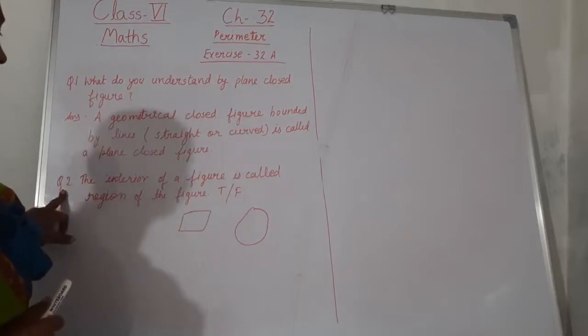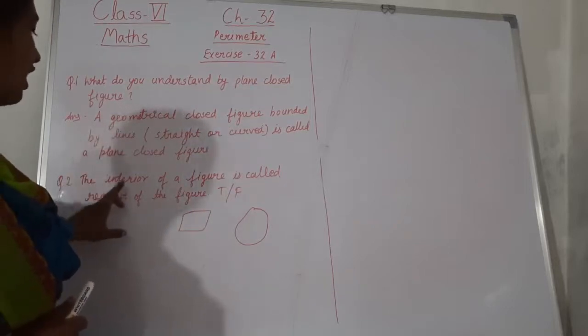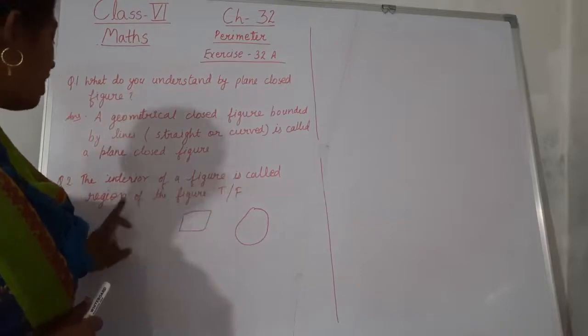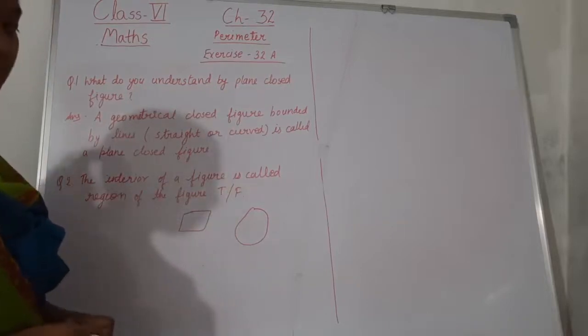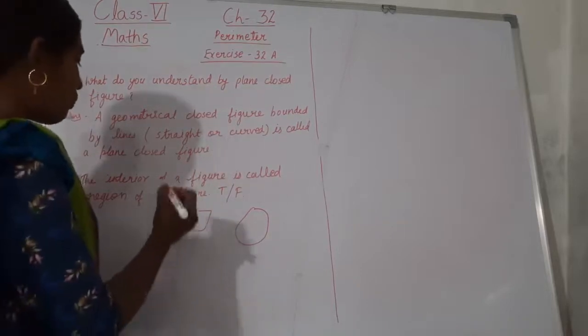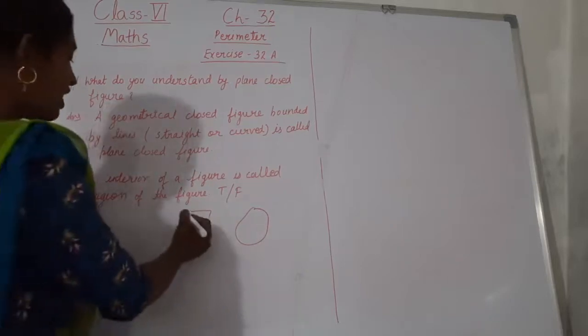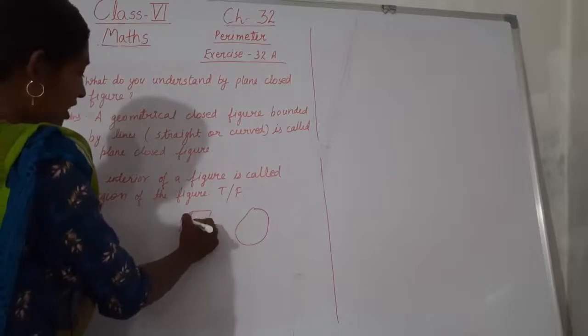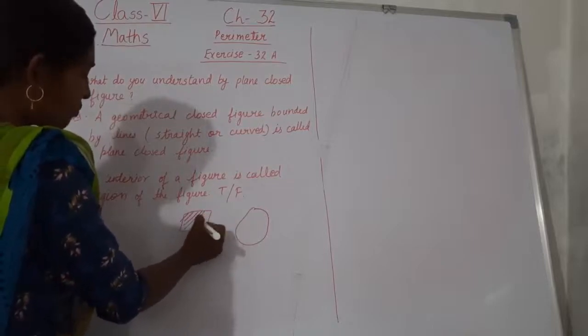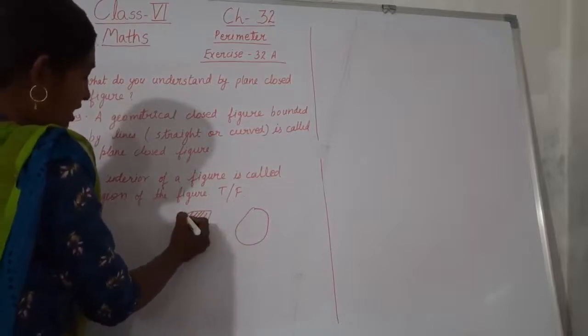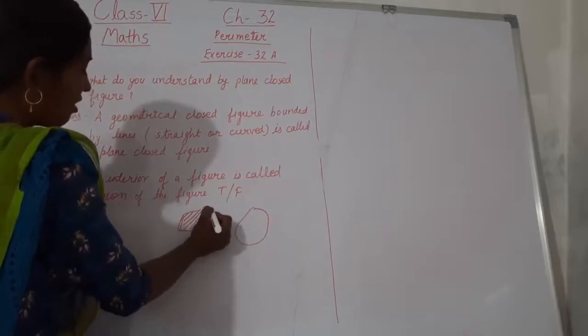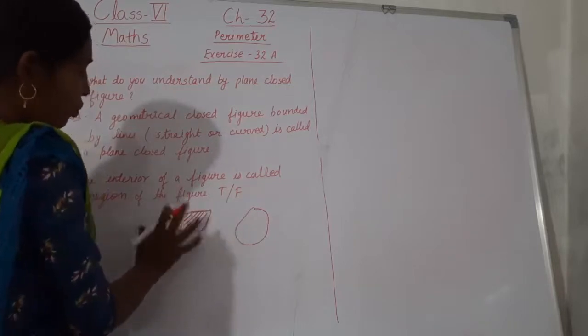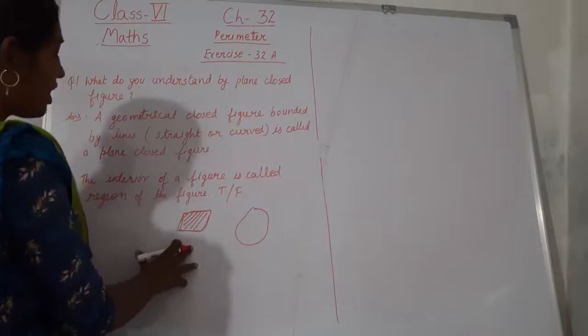Now question number 2 is asking true or false. The interior of the figure is called region of the figure. In the previous video also I explained what we mean by region. See, this is the closed figure, and the interior area as well as the boundary, both together, are known as region.